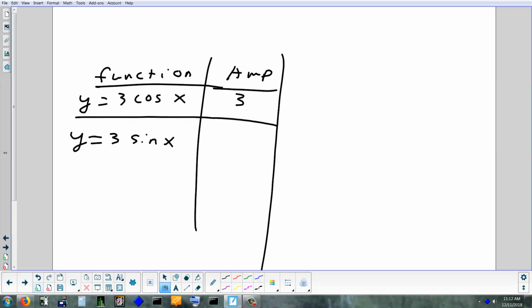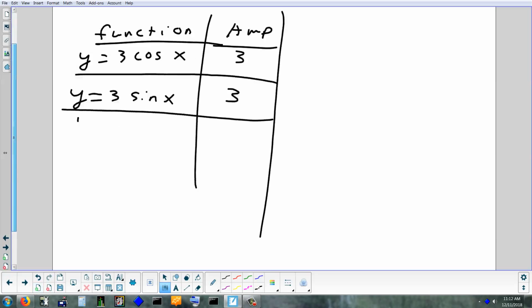It doesn't matter if it's sine or cosine. How about y equals -2 cosine x? 2. Now, I'm not saying the negative doesn't do something to the graph. It does. We've learned what negatives do. But if all you're asking about is the amplitude, the negative has no effect on it.